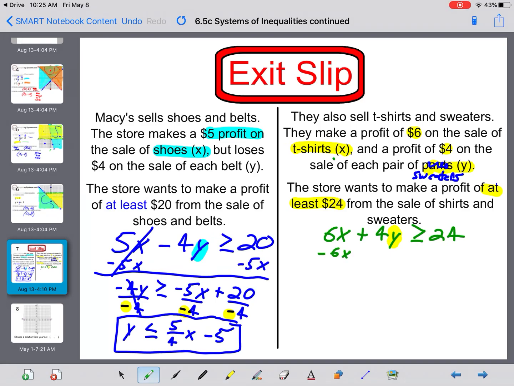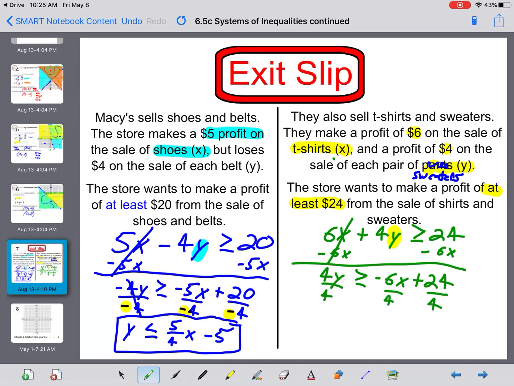And again, we are trying to isolate that Y value. So I am going to subtract 6X from both sides. 6X's cancel. 4Y is greater than or equal to negative 6X plus 24. I'm going to divide everything by 4.